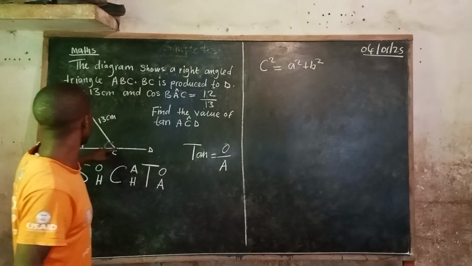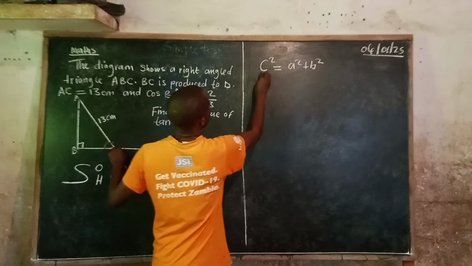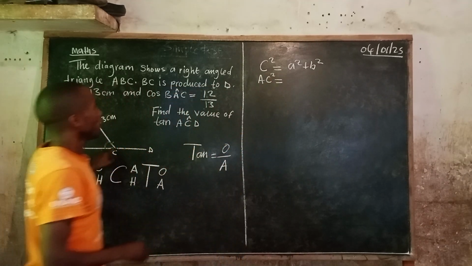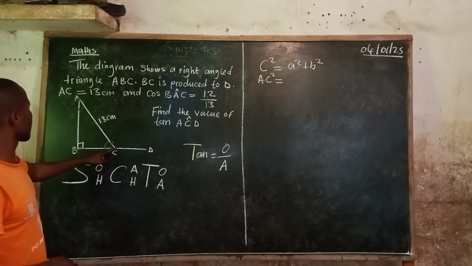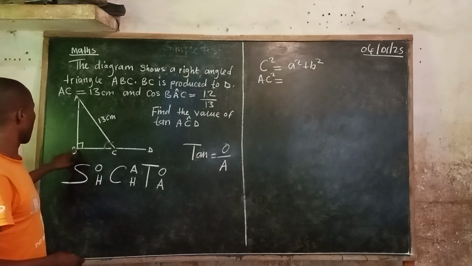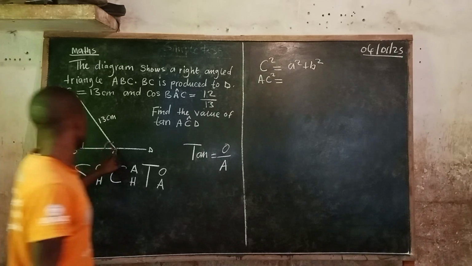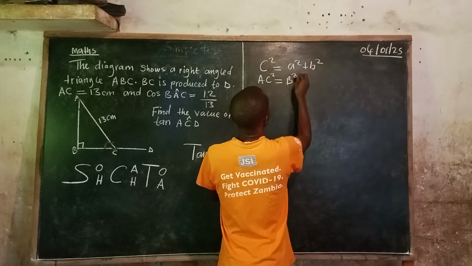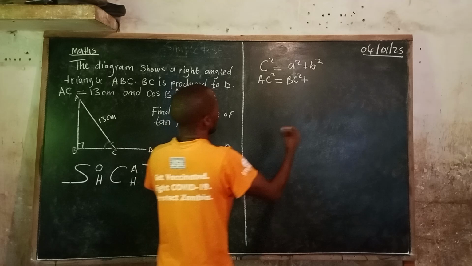So it's what? 13. In this case, it is AC. So we can say AC squared is equal to, okay, which one is our adjacent? Adjacent we have is this one, BC. Since the angle is here, BC is our adjacent. So we are going to say BC squared plus opposite BA or AB.